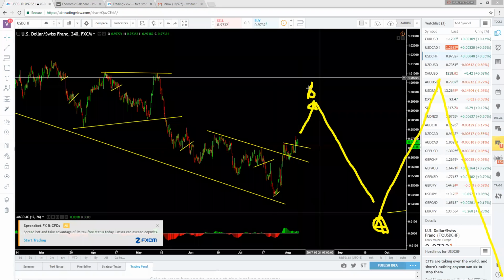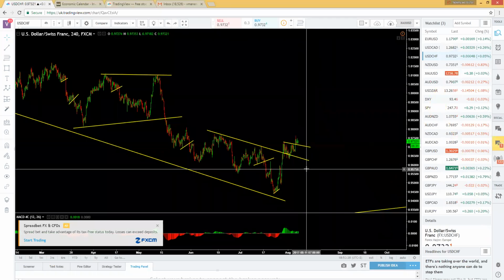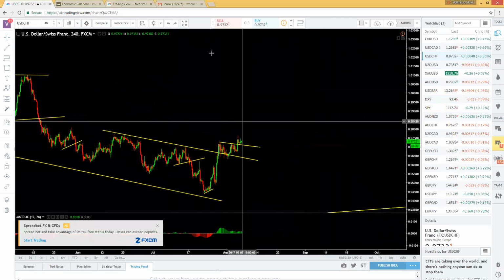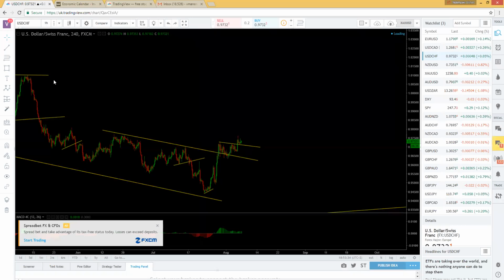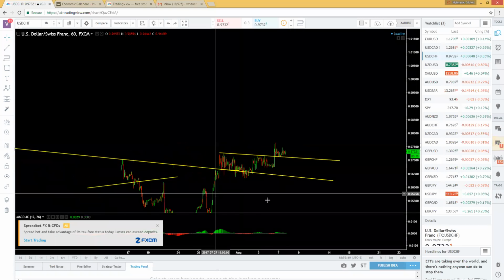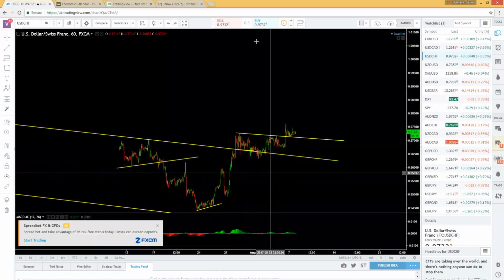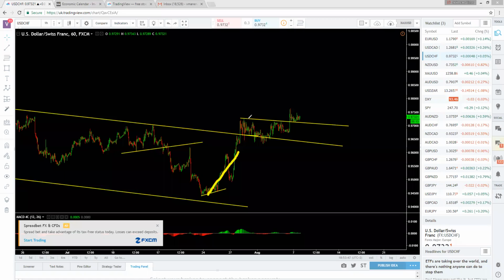So with US dollar CHF, what you can do for now, because you can see that this move is not completed, we still need to go up. I'm going to go 1 hour and show you a trade there that you can take. It has already made an impulse. That's the impulse, and it is now correcting.